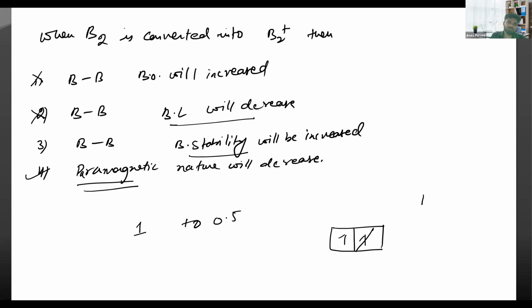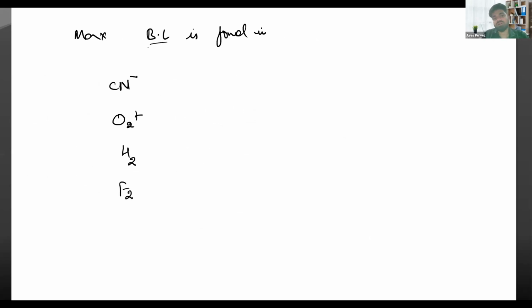Yeah, last question. The maximum bond length is found in CN negative, O2 positive, H2 positive, and F2. This is very simple. Bond length means if the bond order is more, the bond length will be less.